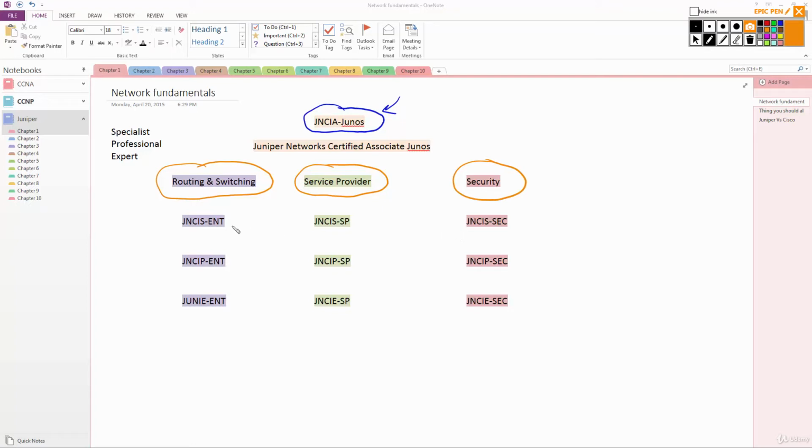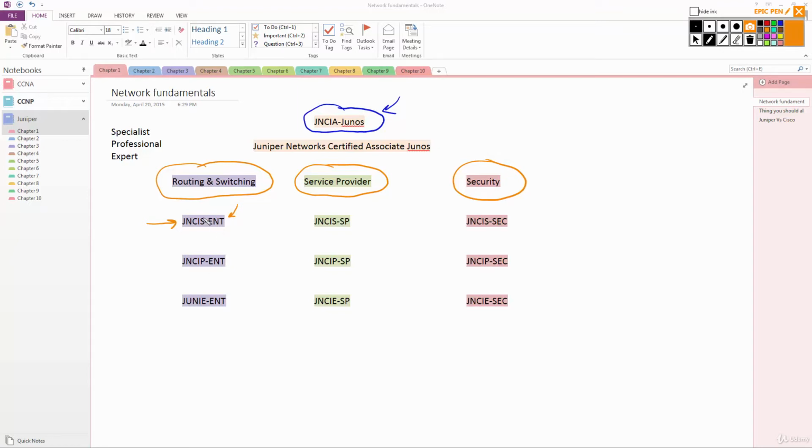Now, routing and switching, the first one you're going to end up taking is a JNCIS entry level. This is going to get you very familiar with setting up interfaces, which we're going to be discussing in this course anyway, but also getting used to routing protocols and so on. Okay? Then from there, if you want to continue on with your knowledge, because this is actually a specialist.